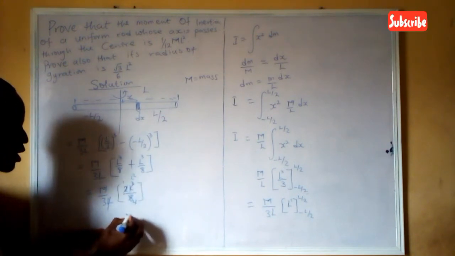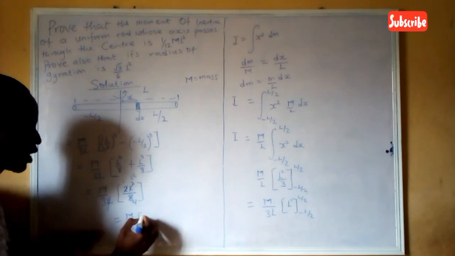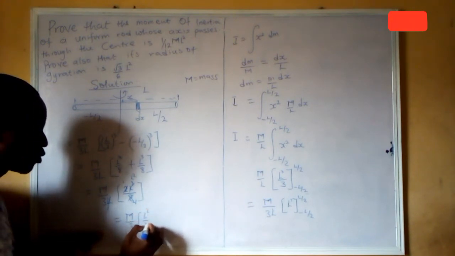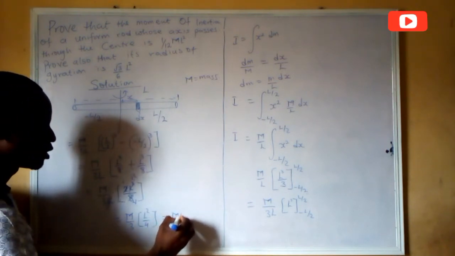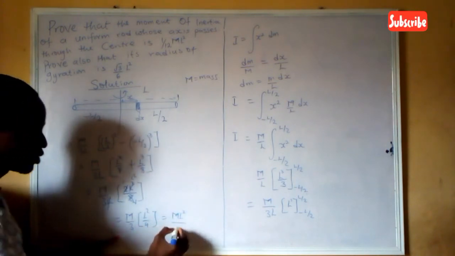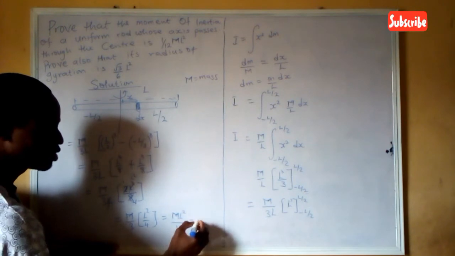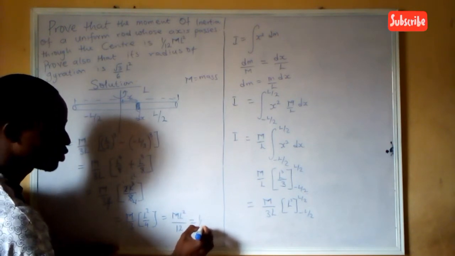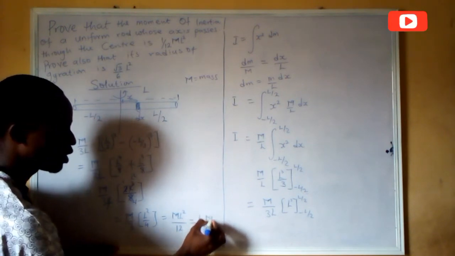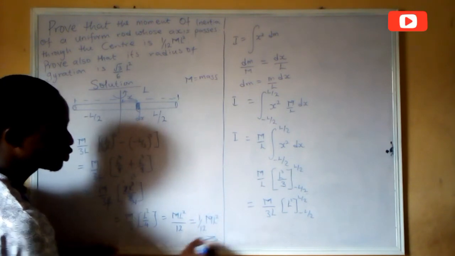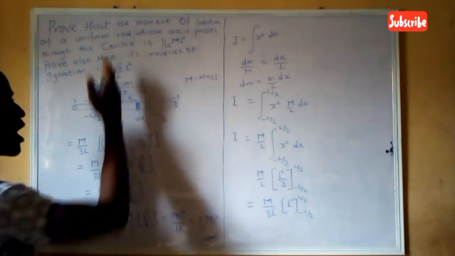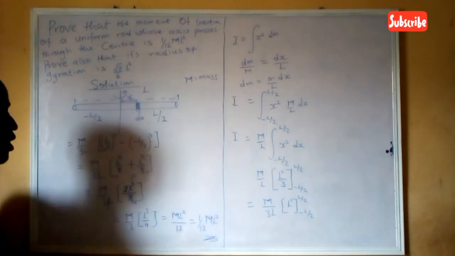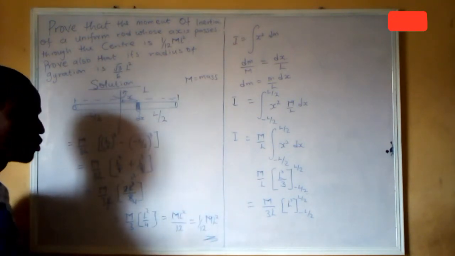So that gives us M over 3 into the bracket L squared over 4. So ML squared over 3 times 4, which is 12. So we have 1/12 of ML squared. So we have actually proved that the moment of inertia of the uniform rod whose axis of rotation passes through the center is 1/12 ml squared.